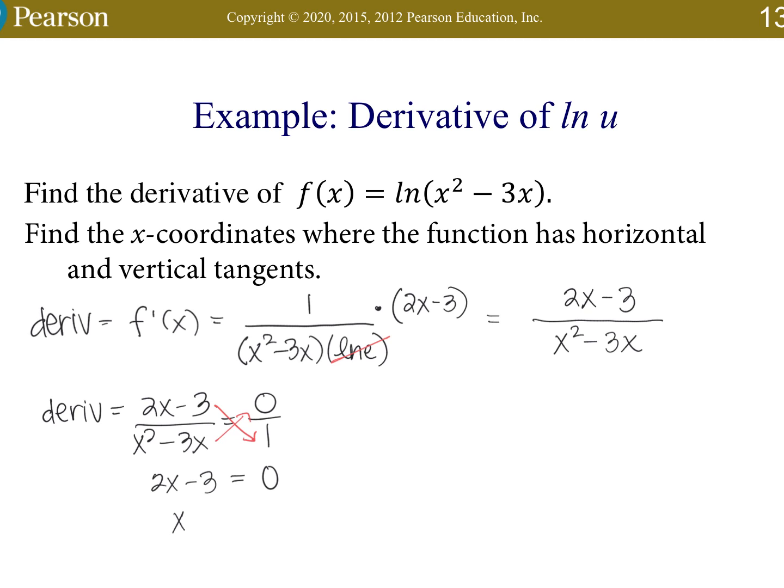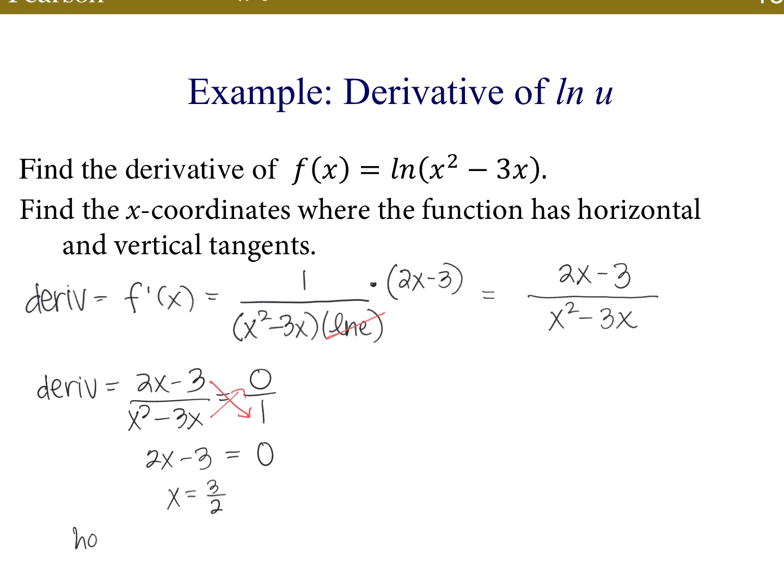So x is equal to 3/2. So tell me again, what's happening at 3/2 on this function? The slope is 0, which means it has a horizontal tangent. Horizontal tangent at x equals 3/2.